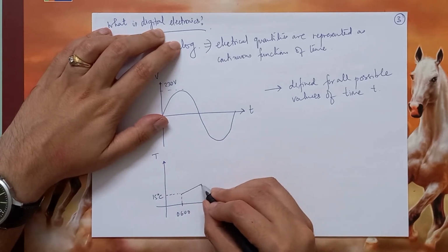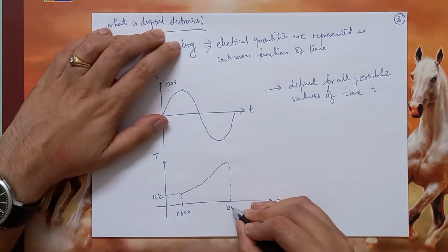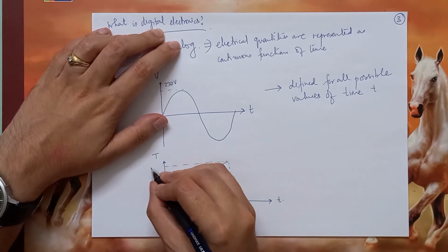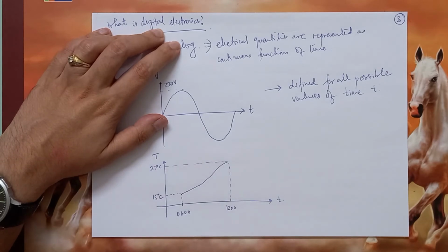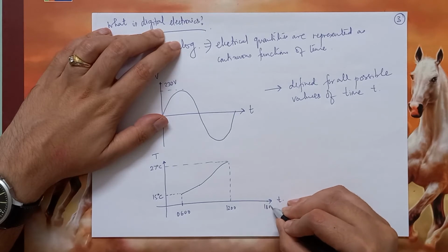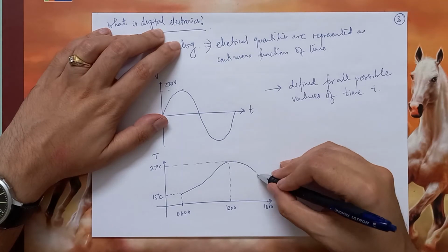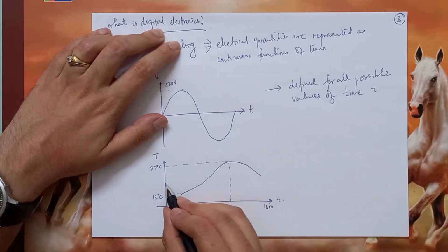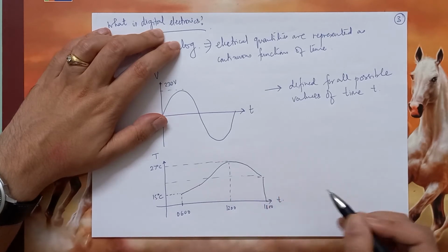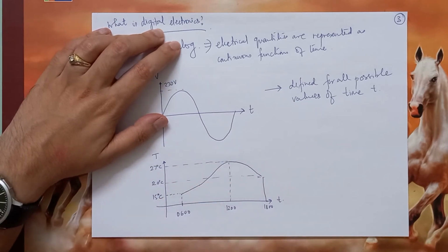And let's say by the time it is 12 noon, the temperature comes to about 27 degrees Celsius. And by the time it's evening, 6 o'clock, the temperature comes to about, let's say, minus 20 degrees. No, sorry, not minus, plus 20 degrees. Minus would be too cold. So this is 20 degrees C.